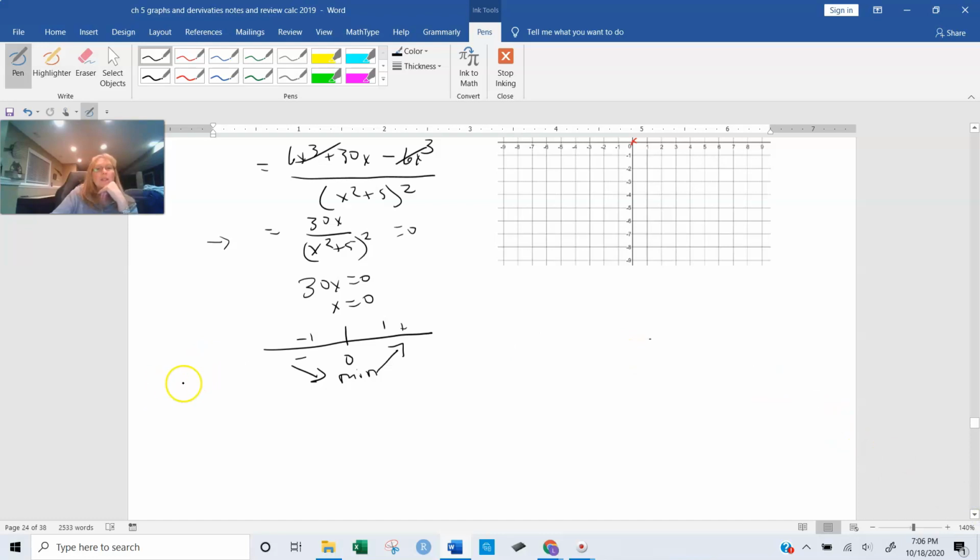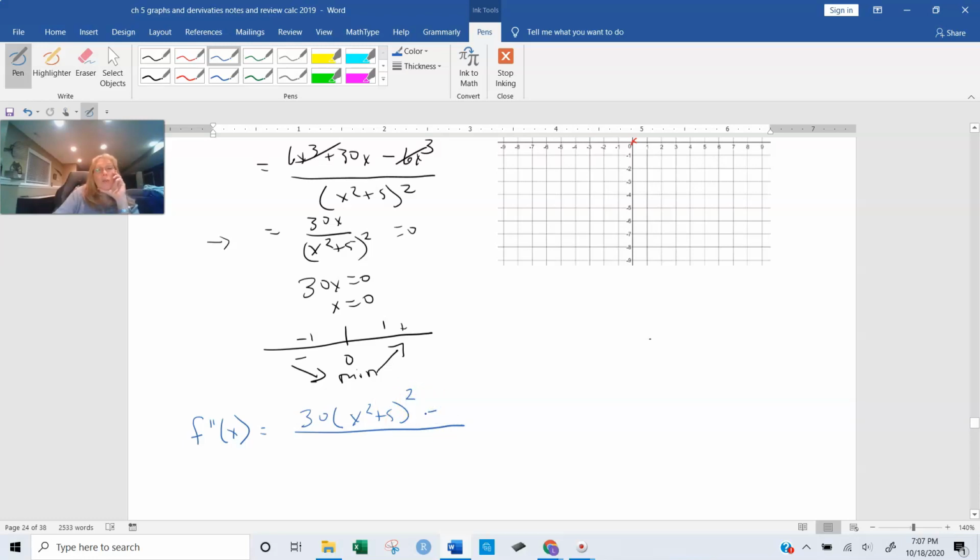So let's try the second derivative. See if we can get some more points here. So let's do f double prime of x. So again, we have to do the product rule. So we got to take the derivative of the numerator, which is 30, times the denominator, which is x squared plus 5 quantity squared. All right, minus the derivative of the denominator.